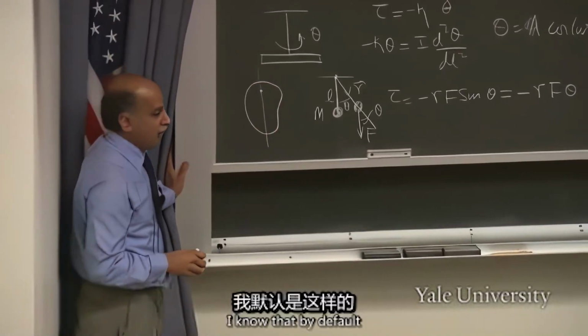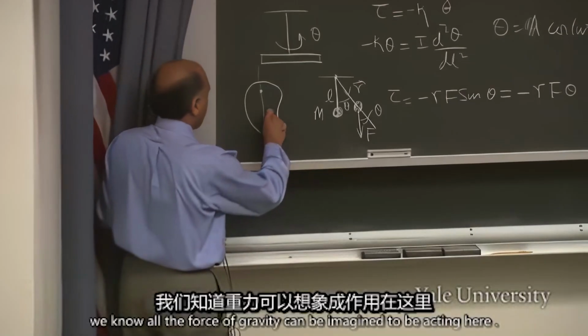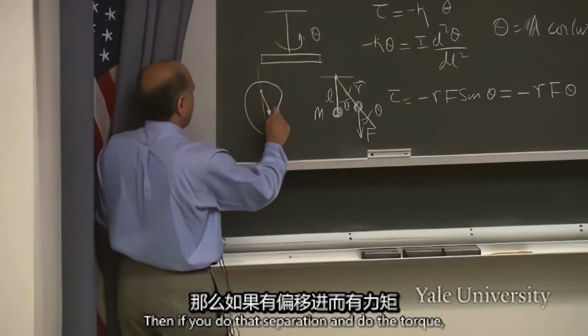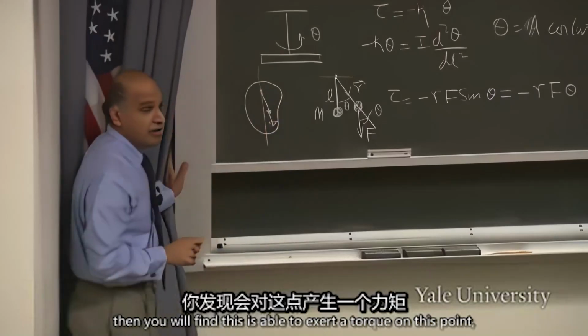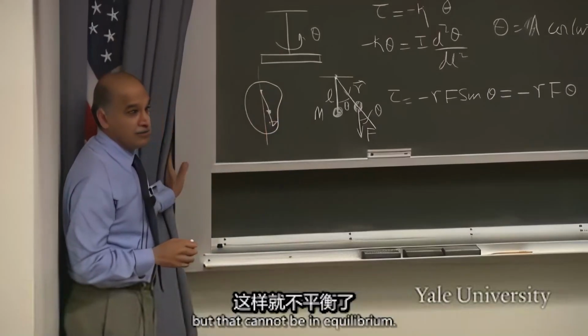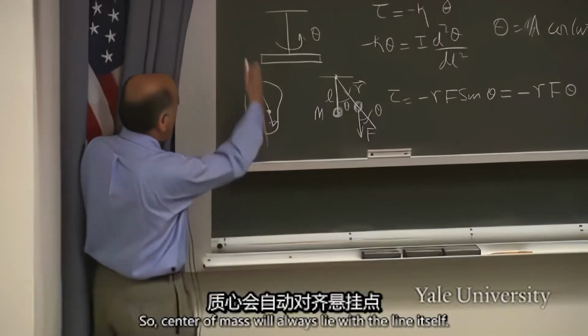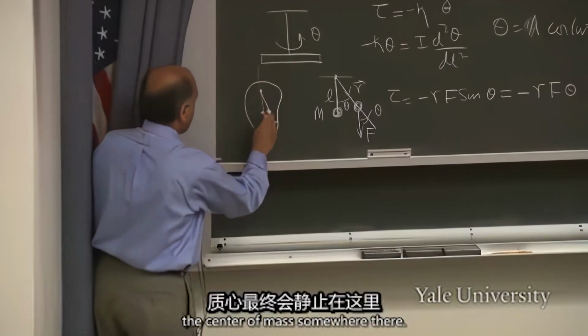I know that by default, because if the center of mass were here, for example, we know all the force of gravity can be imagined to be acting here. Then if you do that separation and do the torque, you will find this is able to exert a torque around this point. But that cannot be in equilibrium. So the body will swing a little bit and settle down, with the center of mass somewhere there.